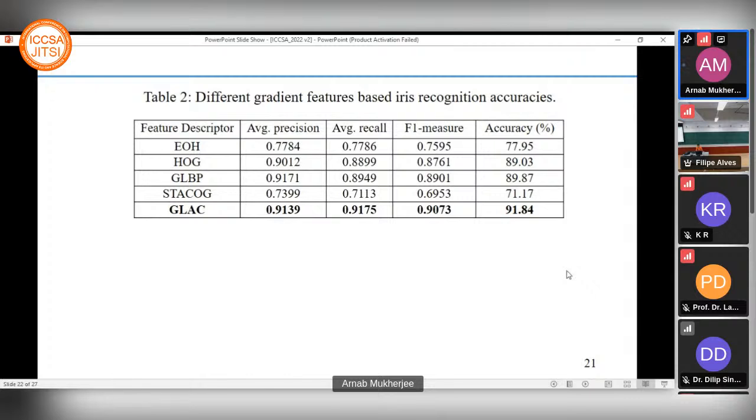Among the descriptors, our proposed gradient-based feature descriptor Gluck achieved the highest accuracy with 19.84 while reducing computational cost.